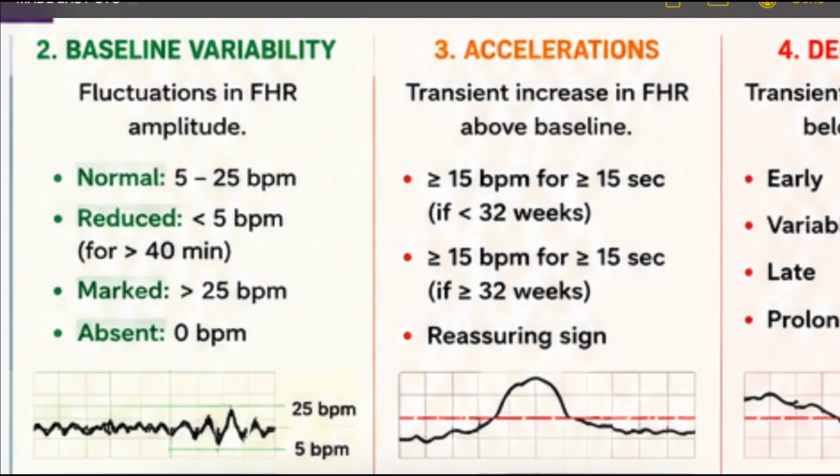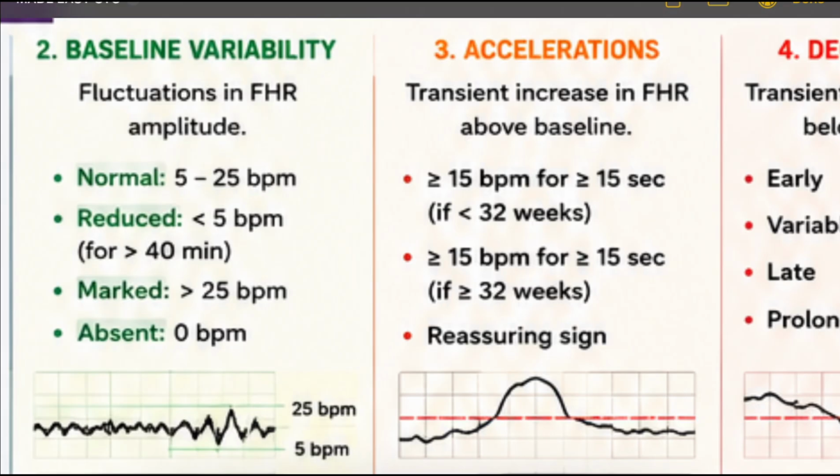Okay, next you can see here that is baseline variability. So variability, what is it? This is the most important part of CTG. Variability means small beat to beat fluctuations around the baseline. Simple. So think of it as the baby's nervous system talking to us. A healthy baby never has a perfectly straight line.